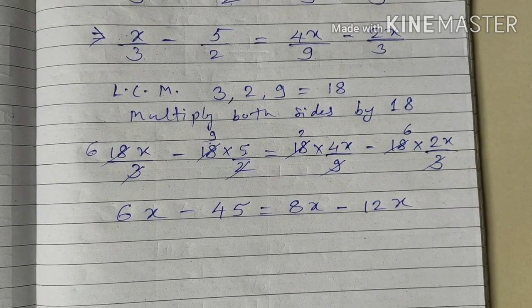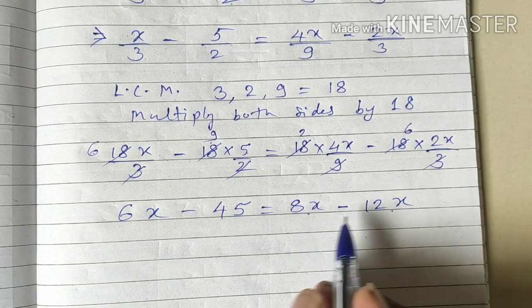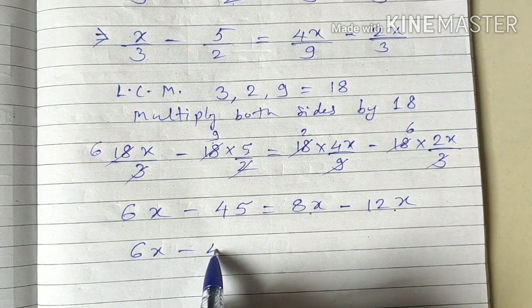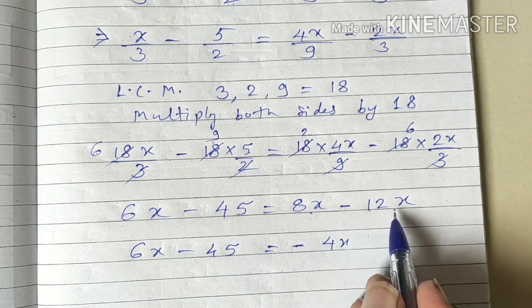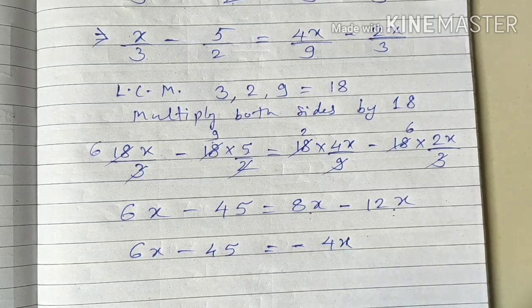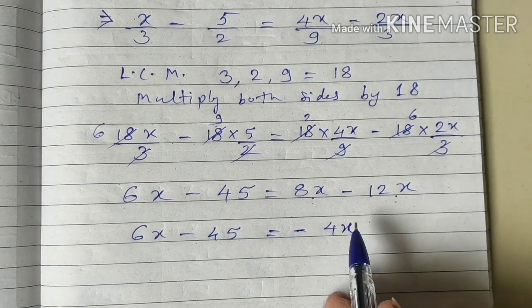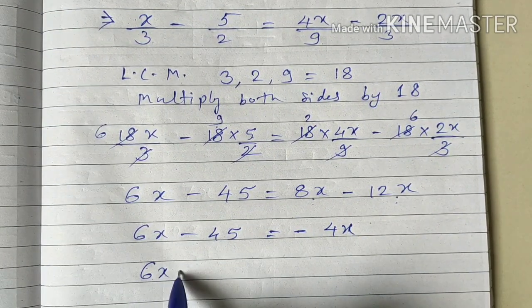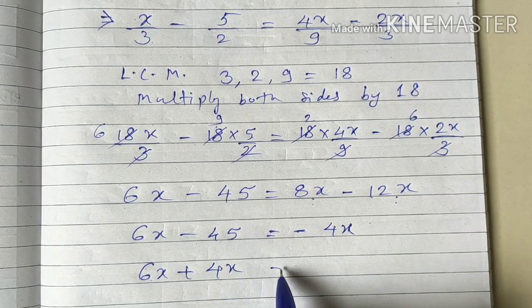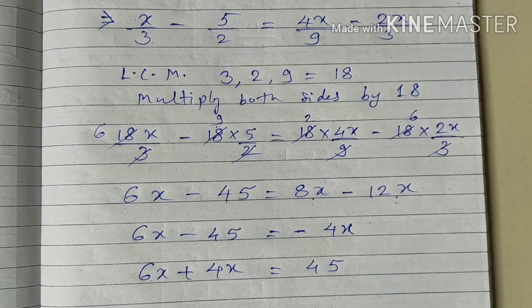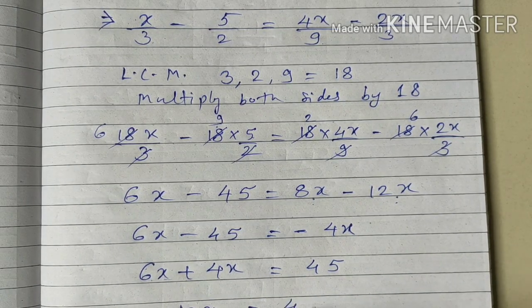So once we cancel the denominator, 8x minus 12x will give us minus 4x. Plus minus will be minus, sign of greater number. Now shifting of the terms: minus 4x, shifting this side will become plus 4x. Minus 45, going that side will become plus 45. 6 plus 4, 10x is 45.